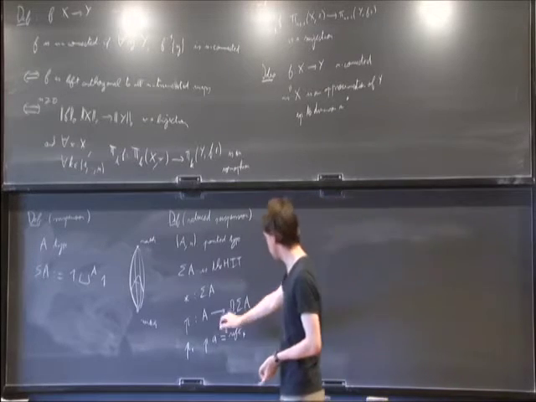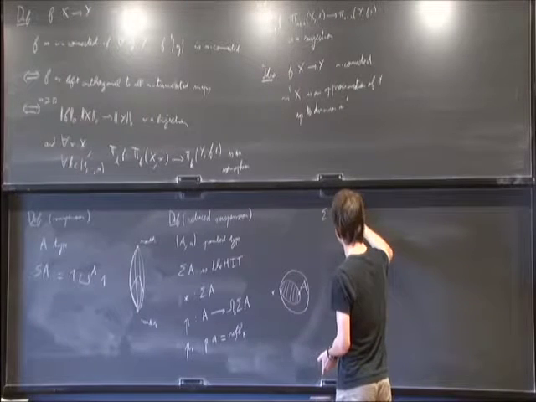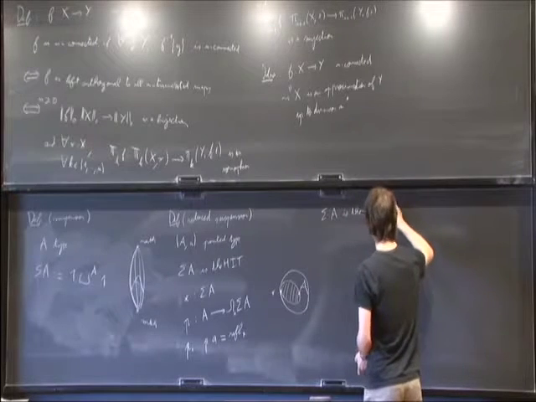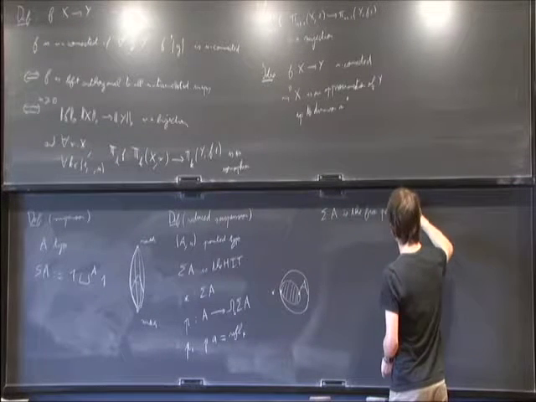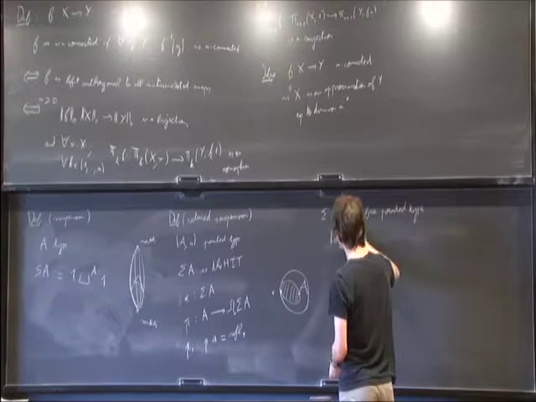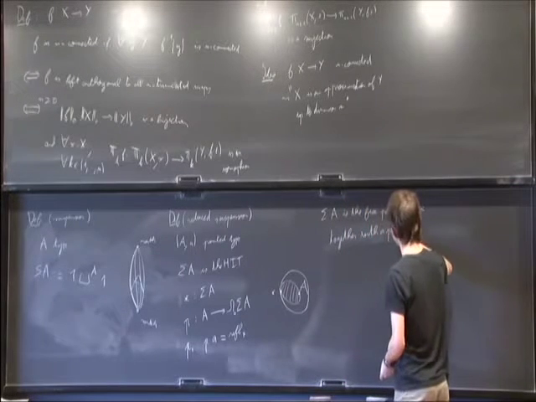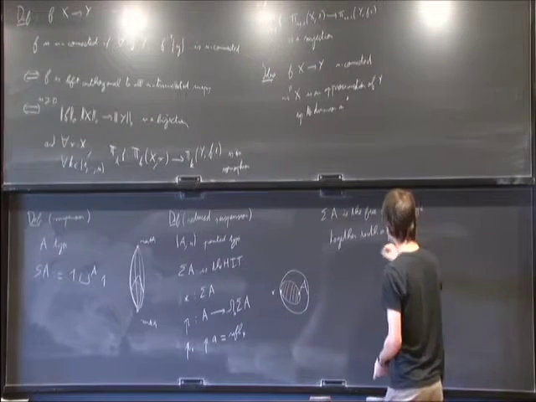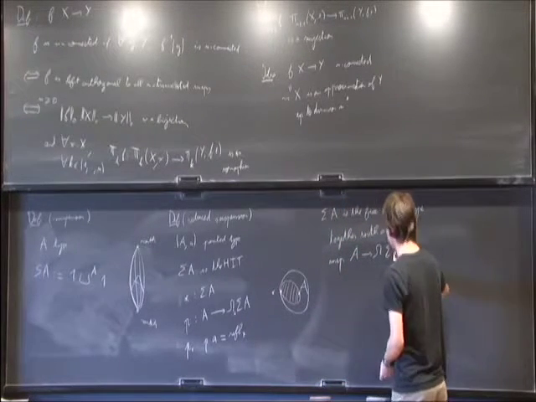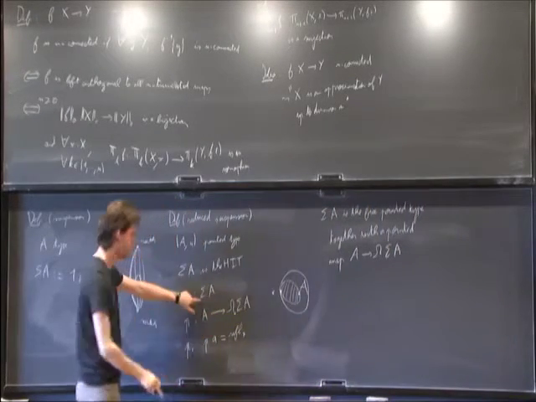So in other words, if you look at this definition, you get that sigma A is the free pointed type together with a pointed map from A to the loop space of the suspension of A. Because the first constructor says that sigma A is pointed.